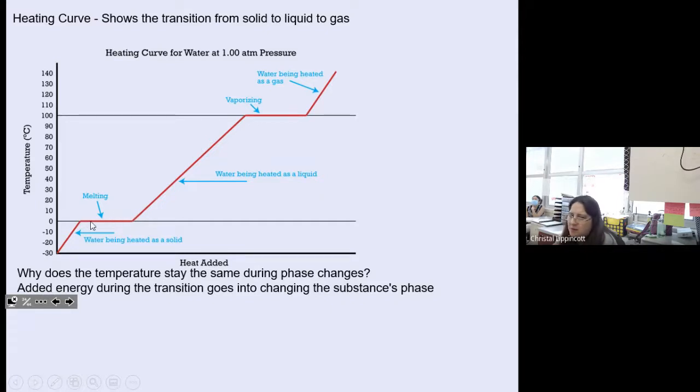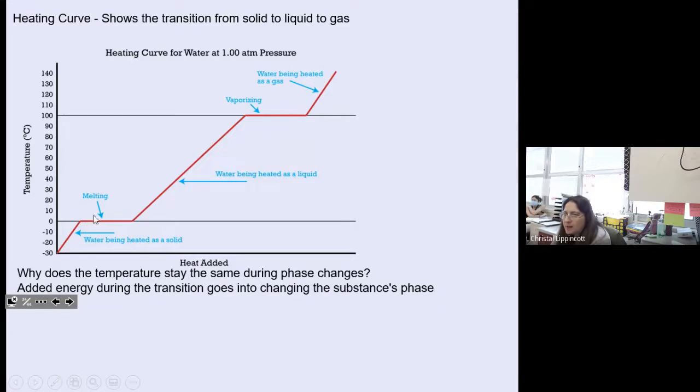Okay, so I wasn't expecting necessarily that. But I want you to notice on this graph, this would be like a perfect heating curve. What do you see is happening to my temperature here? Yeah, it stays the same. During a phase change, the temperature stays the same.